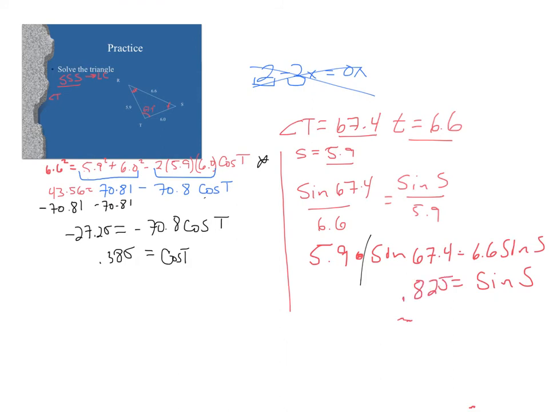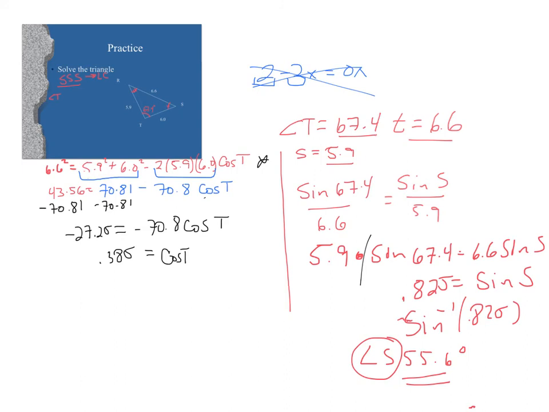So now I take the inverse of that, sine inverse of 0.825, and that's going to give me about 55.6 degrees. So angle S is 55.6 degrees. So I found angle S.